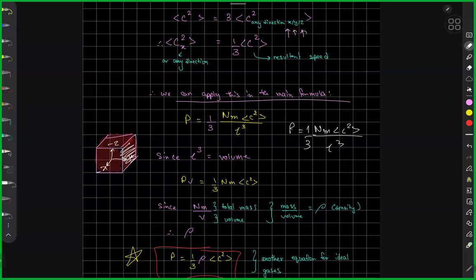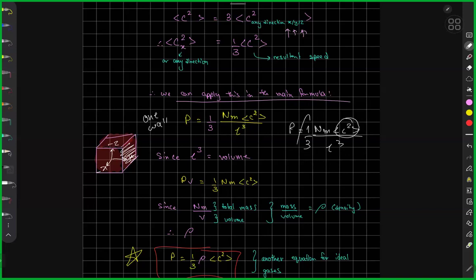Why? Because for any one wall, in any one direction, the pressure exerted will be 1/3 of this pressure. Because this pressure is defined by the total resultant speed squared, but that total resultant speed squared is simply distributed in three directions: x, y, and z.